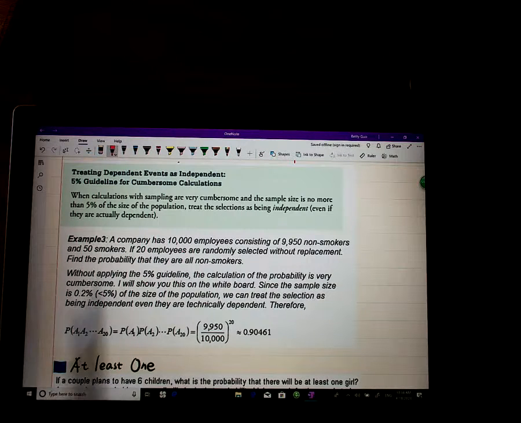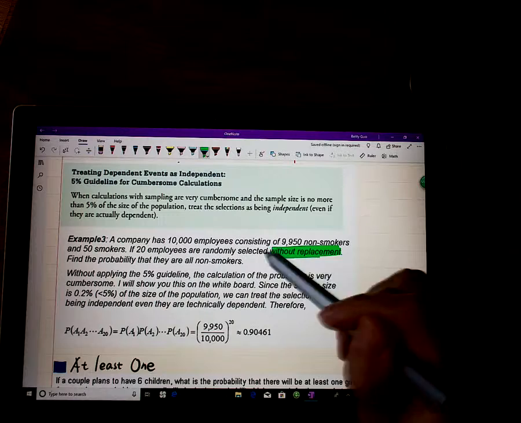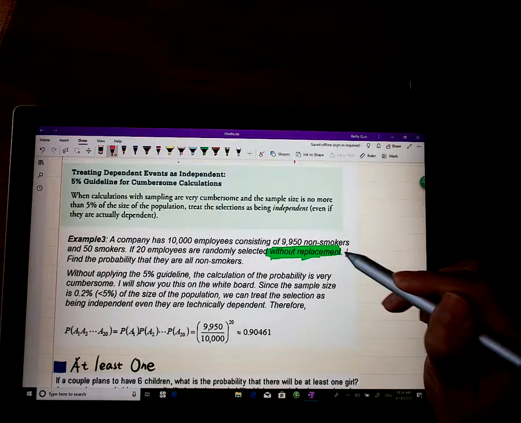Maybe we can just explain that through example 3. A company has 10,000 employees consisting of 9,950 non-smokers and 50 smokers. If 20 employees are randomly selected without replacement, when you see the word without replacement, that means it is dependent, right?